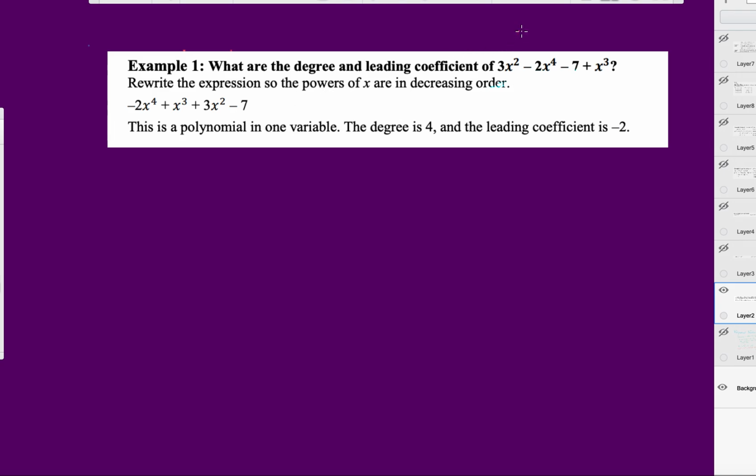So the largest magnitude exponent is 4, so I'm going to put my minus 2x to the 4th, or negative 2x to the 4th. Then I'm going to add to it x cubed, then 3x squared, then minus 7 or negative 7. And I'm going to say the degree of this polynomial is 4, and my lead coefficient is negative 2. So let's go ahead and try a couple.